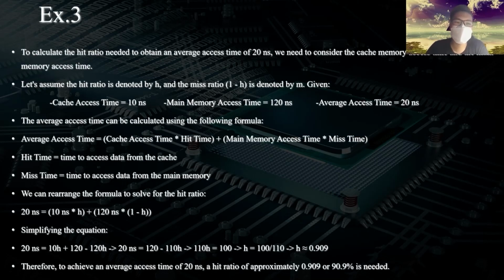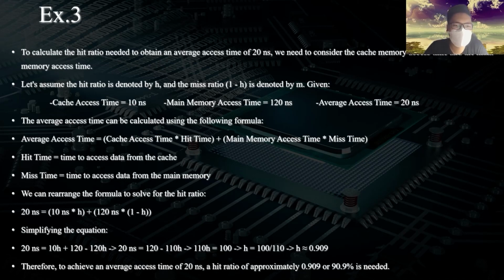Exercise 3. To calculate the hit ratio needed to obtain an average access time of 20 ns, we need to consider the cache memory access time and the main memory access time. Let's assume the hit ratio is denoted by h, and the miss ratio, 1 minus h, is denoted by m.